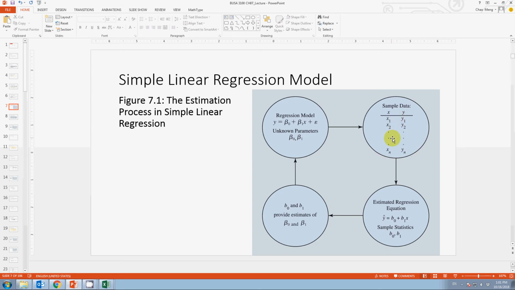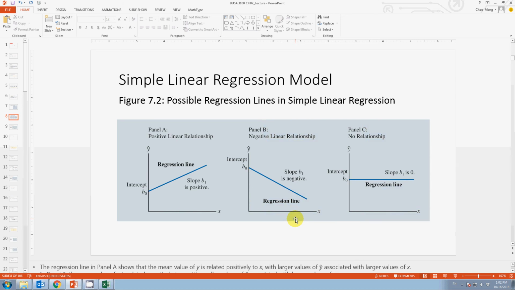And then we use those data to formulate this estimated regression equation. The b0 and b1 are estimated using those sample data we have. By the end of this step, we should have b0 and b1, the estimates for beta 0 and beta 1. So that's the whole process of doing the linear regression.